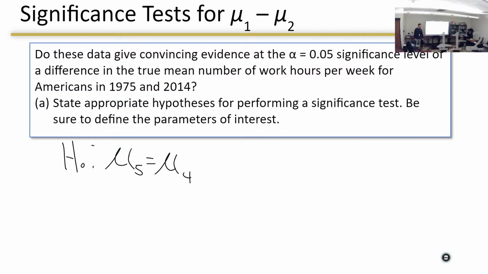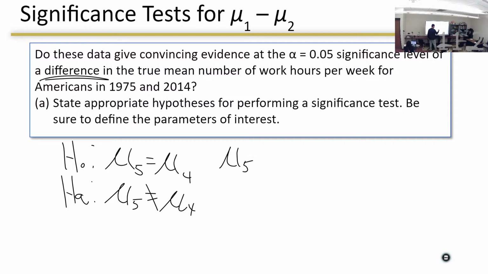If you want to use 6 and 7, fine. Ha: mu 5, mu 4, significant level of difference, not equal to. Not equal to, and then I got to define it.